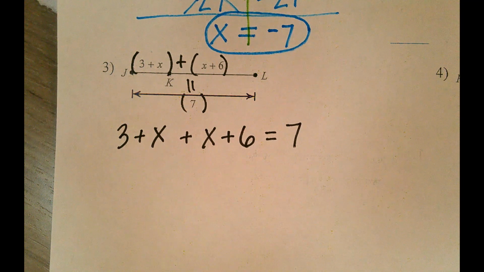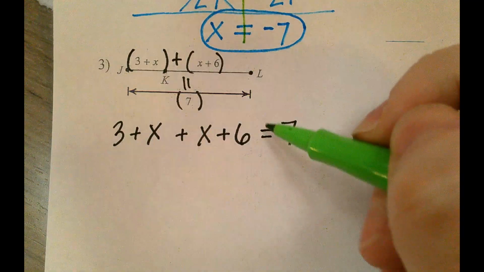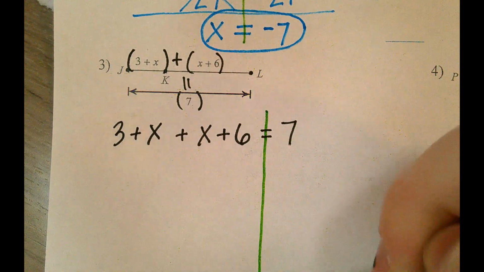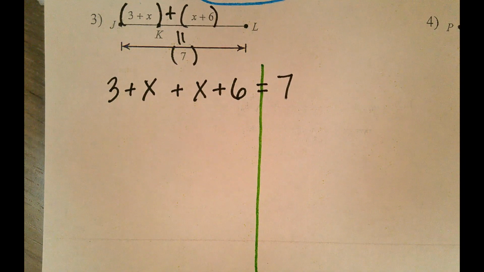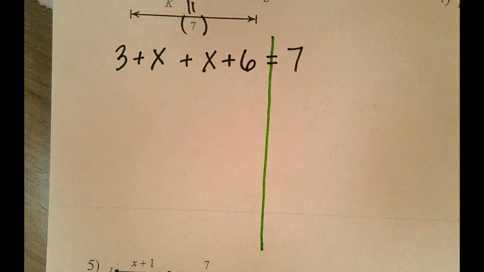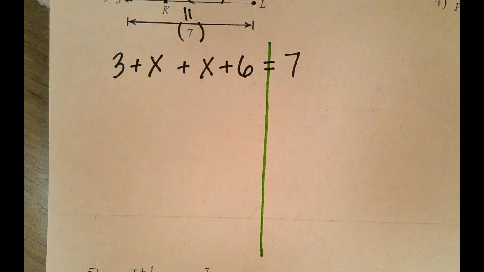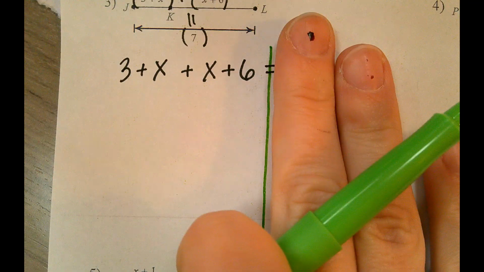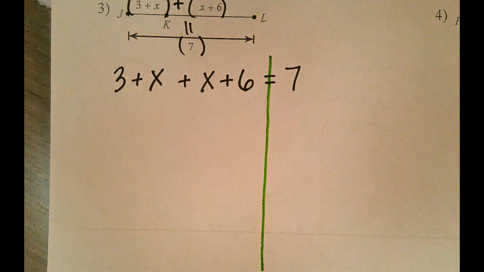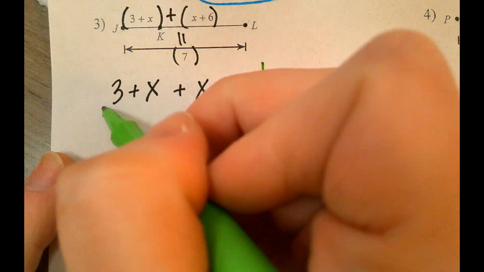So once I have an equation written, again, I like to draw a line through the equal sign. Diane, you taught me that, and I have never forgotten it. I'll always do it now. What should we do from here? Yes, let's combine like terms. On the first side of my problem, what can I combine? 3 plus 6, good.